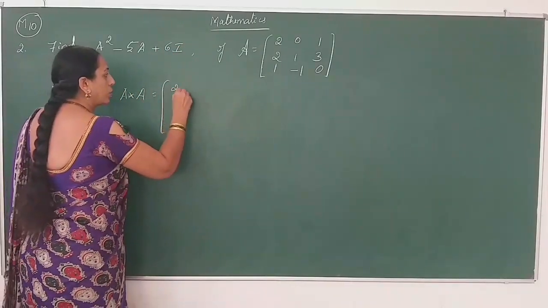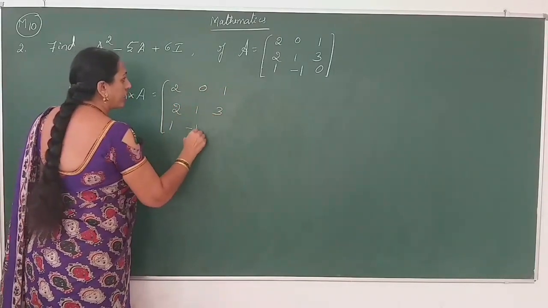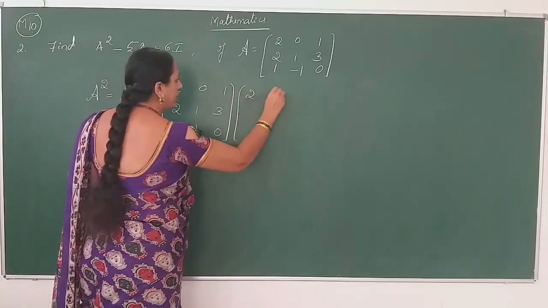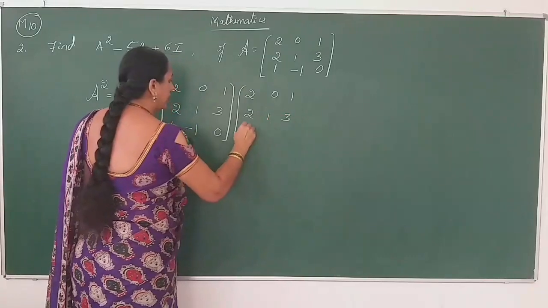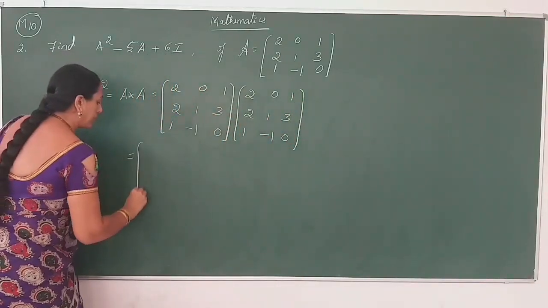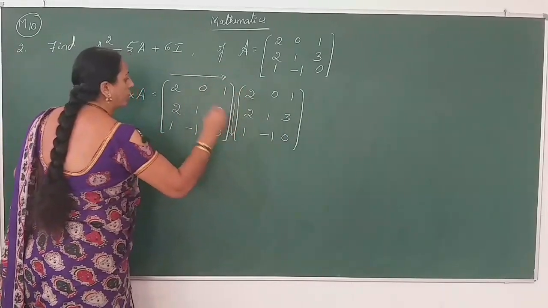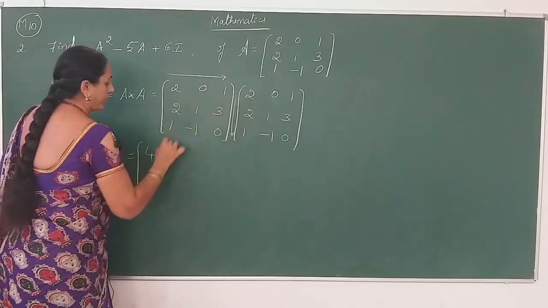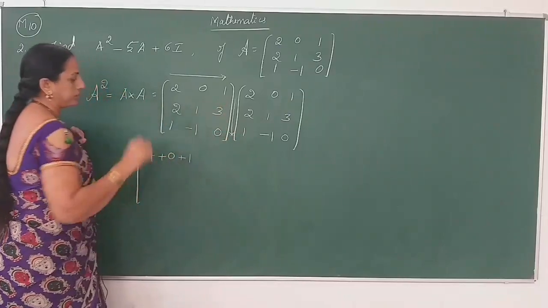That is 2, 0, 1, 2, 1, 3, 1, minus 1, 0 into the same matrix, 2, 0, 1, 2, 1, 3, 1, minus 1, 0. These two are multiplied row with column wise. In the first row, first column: 2 into 2 is 4, 2 into 0 is 0, 1 into 1 is 1.